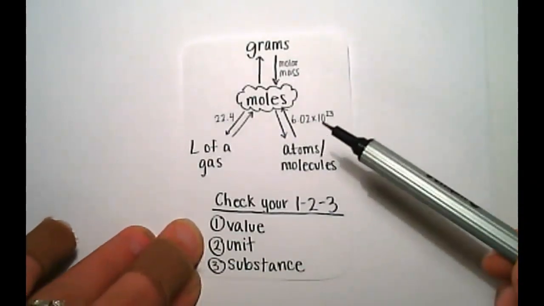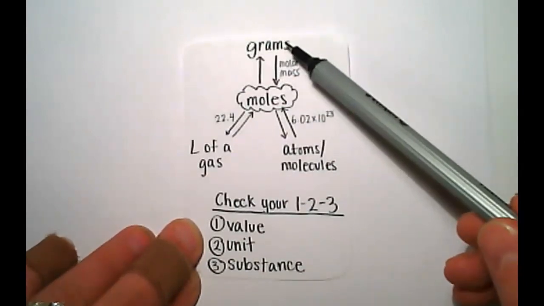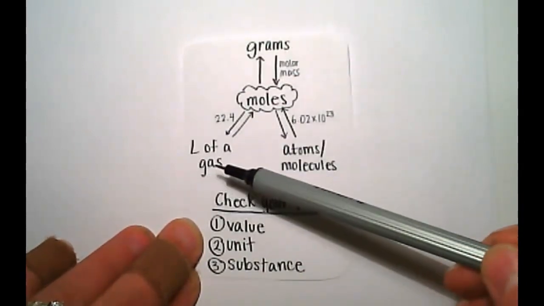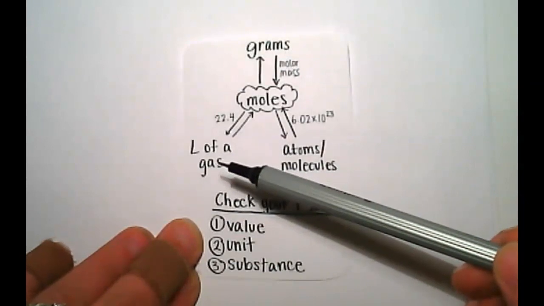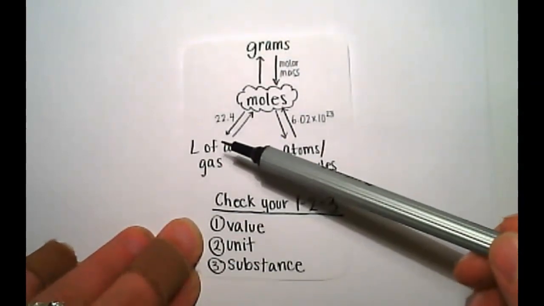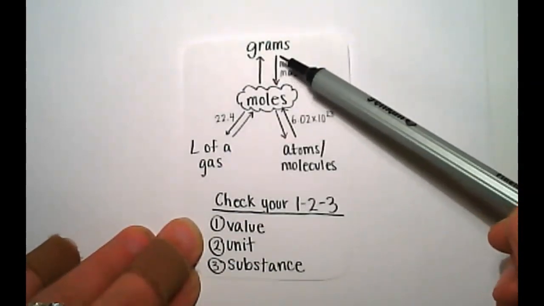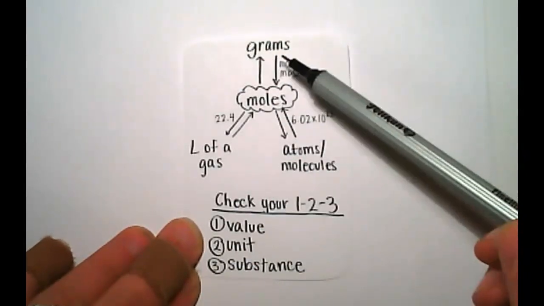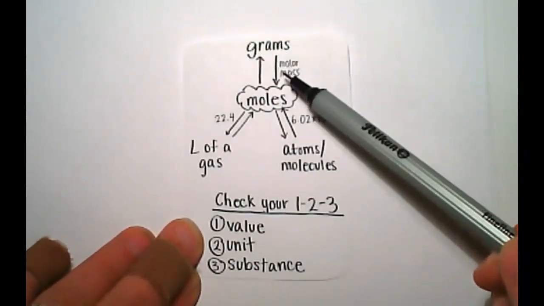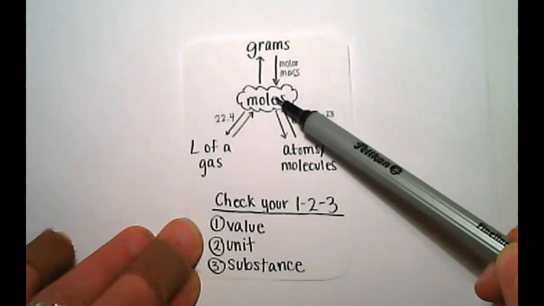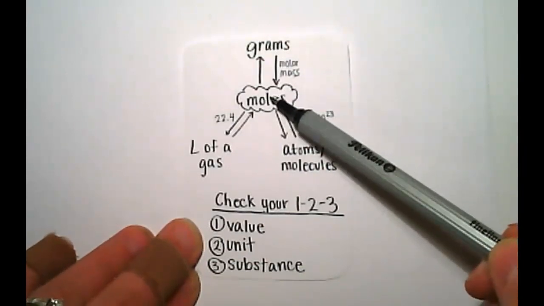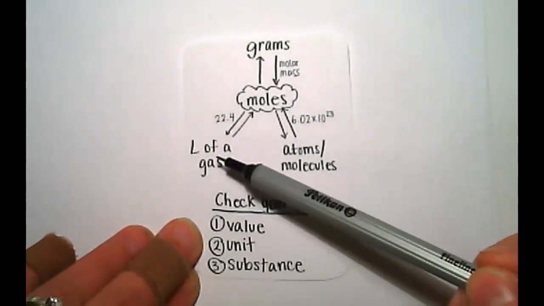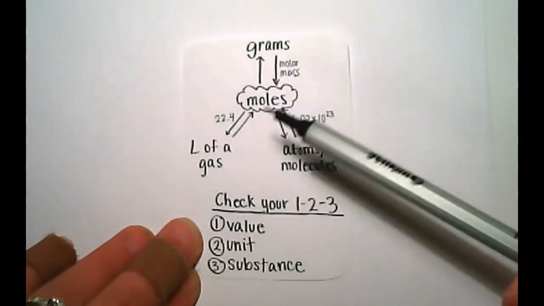So let's say we were given a conversion that said we should convert grams of carbon into liters of carbon, which wouldn't happen because carbon is not gaseous. So let's do grams of helium into liters of helium. So we'd first convert our grams of helium into moles of helium. And then once we have that moles of helium, we do another conversion factor to convert to liters of helium.